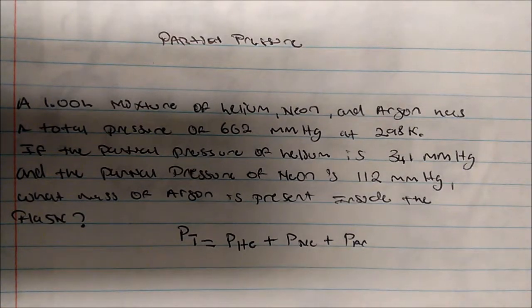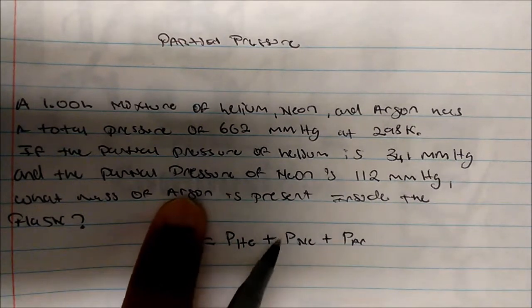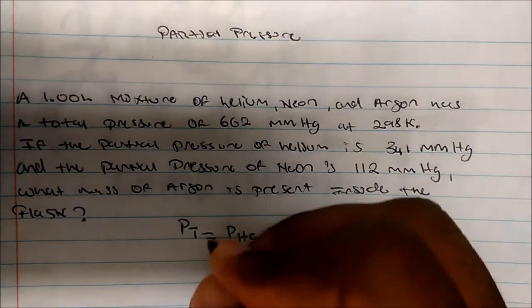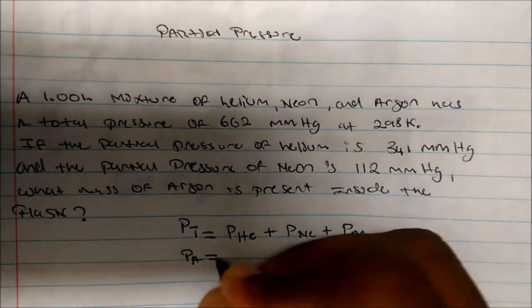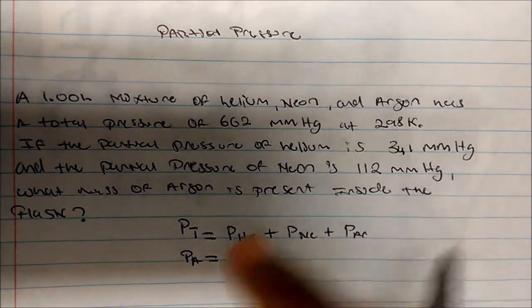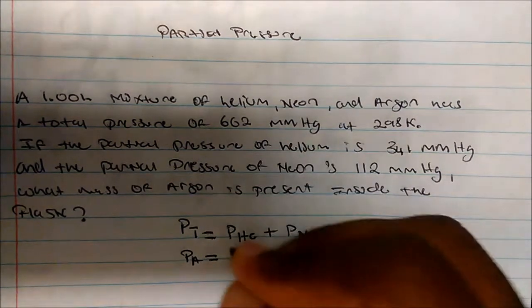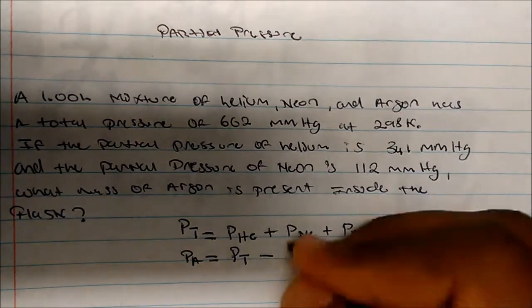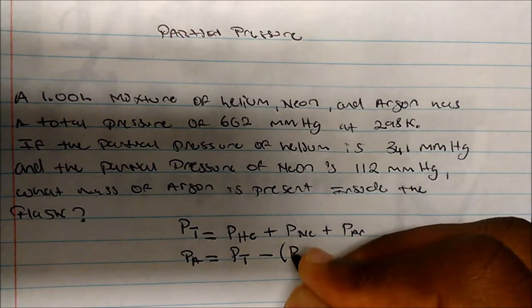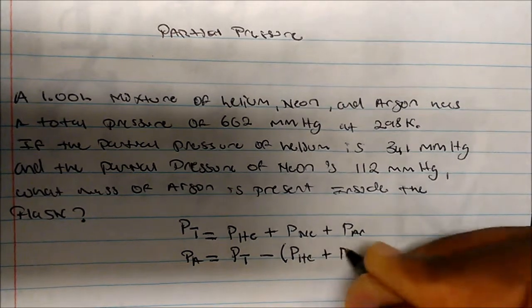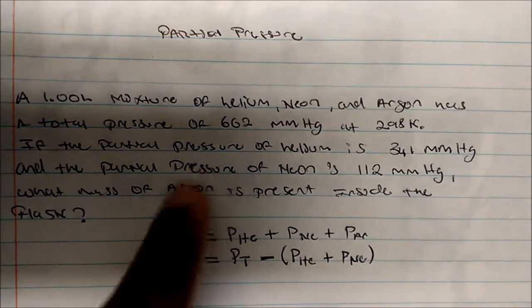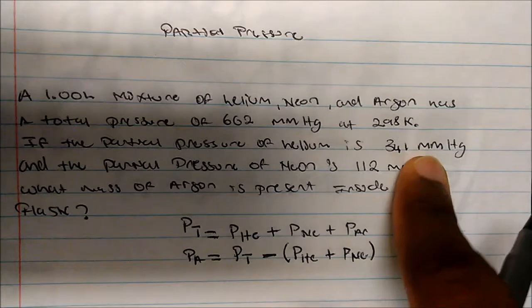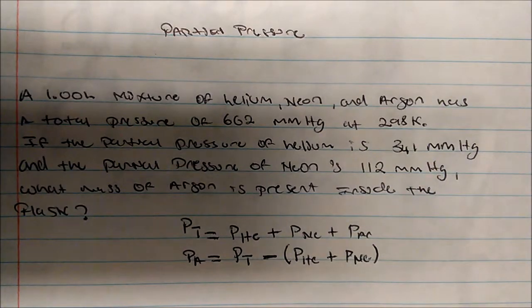So therefore, if we want to solve for the pressure of argon, then the pressure of argon in this case would be the pressure total minus the pressure of helium plus the pressure of neon. Okay, and the idea is that if I have the pressure total, I could just simply subtract these numbers from the total pressure to get the pressure of argon itself. The remaining pressure must be argon.